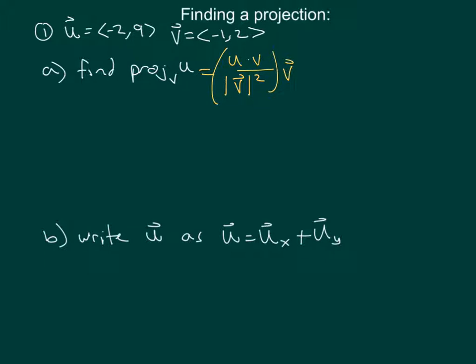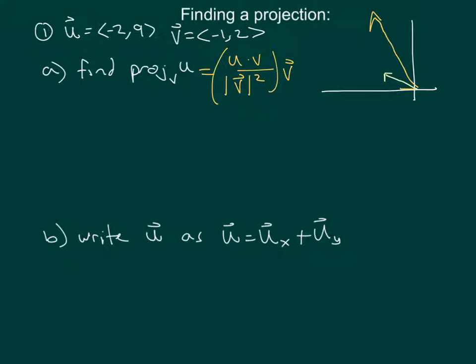So I'm going to draw negative 2, 9 and negative 1, 2. So the negative 2, 9 vector is going to be left 2 and up 9. So it's going to be something like that. And then v is negative 1, 2. Negative 1, 2 is a much shorter one, like that.